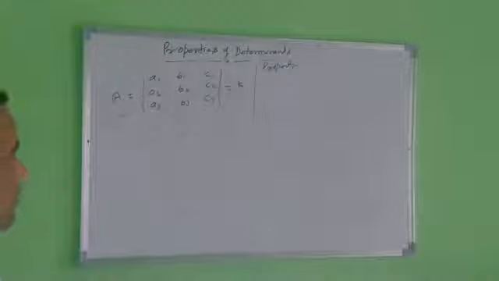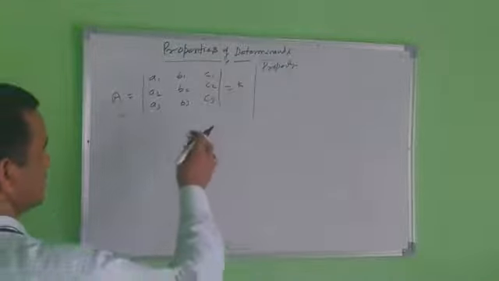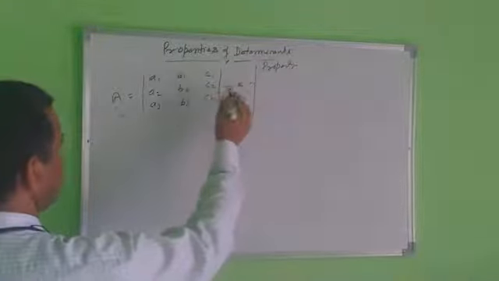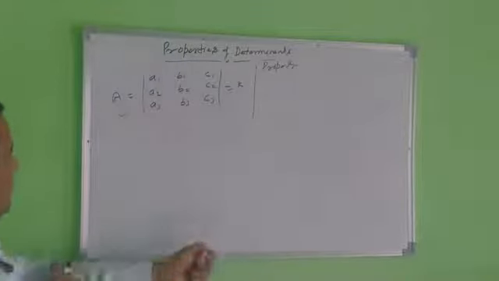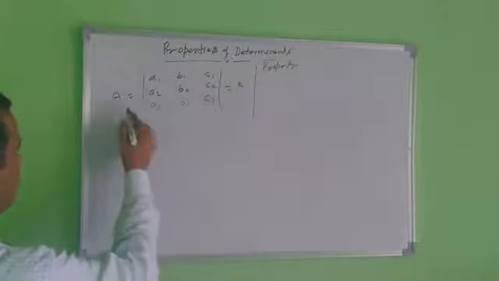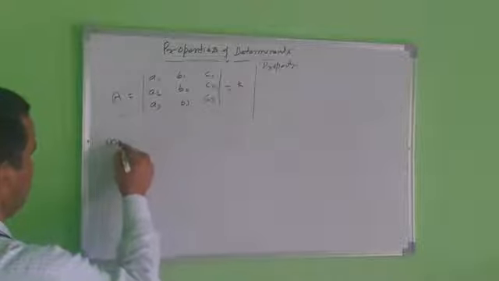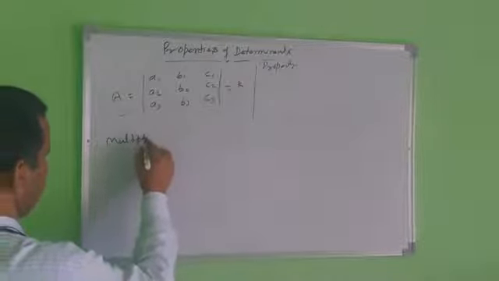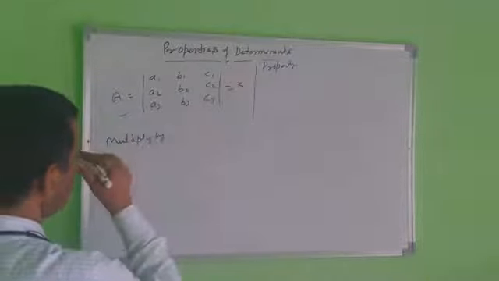Now, this is the original matrix, and suppose the value of the determinant is k. What answer do we get if we multiply R1 by 4?